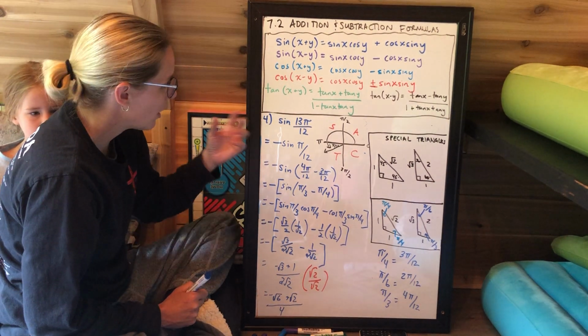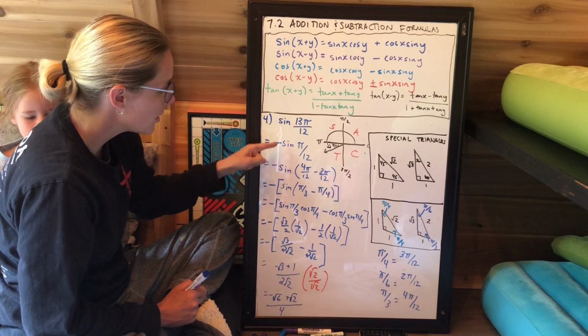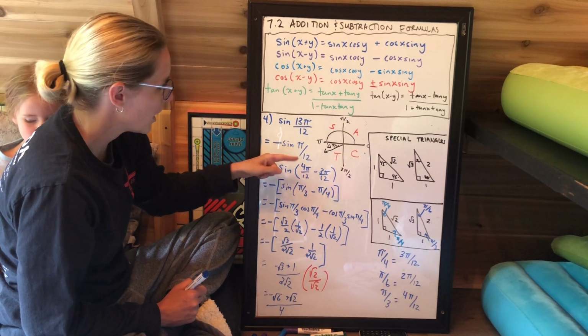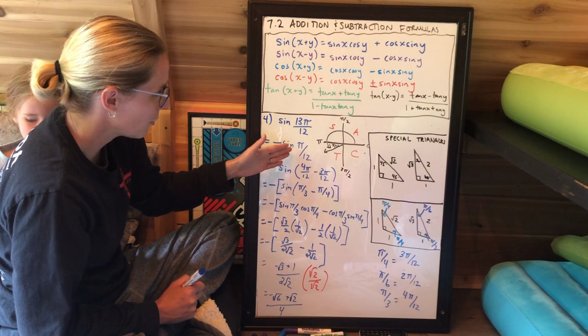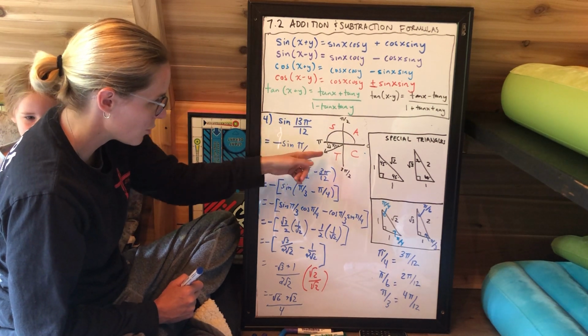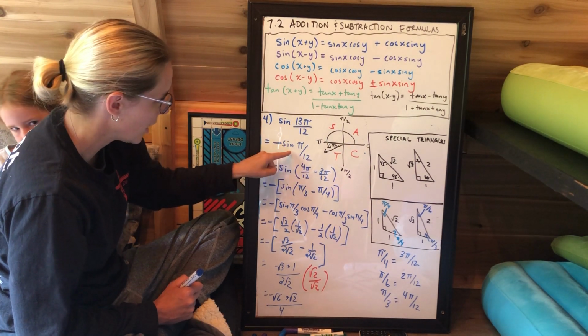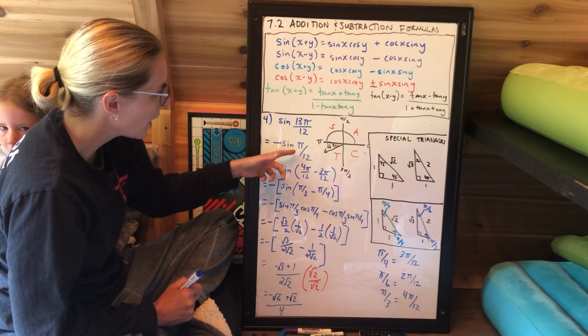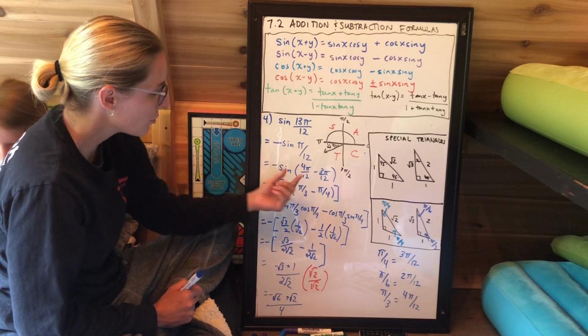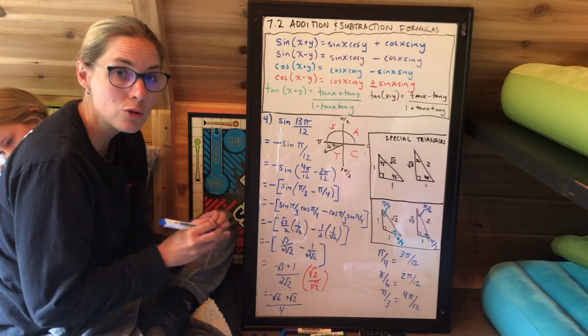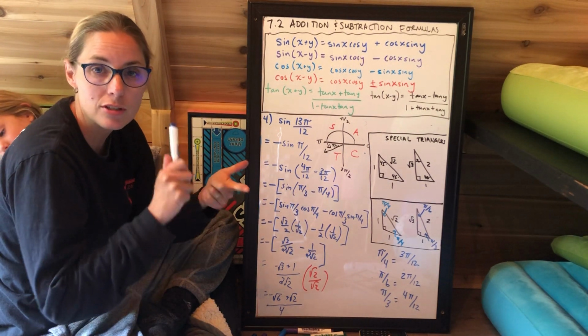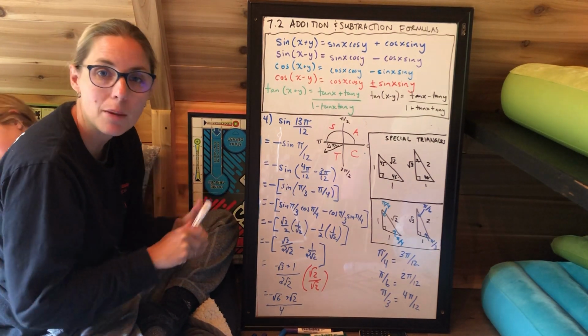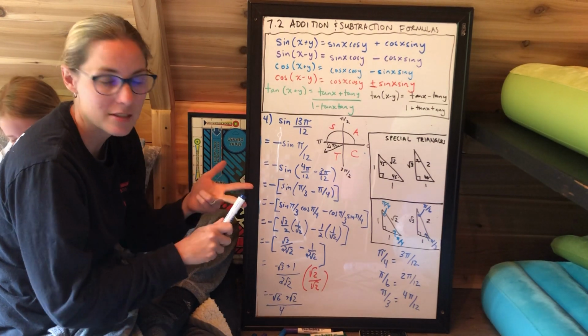Okay? So it's a little tricky, but purposefully embedded in the note is a question that makes you think a little bit. You have to think about first, what is the related acute angle? If you have an obtuse angle like this, you have to put it back into an acute angle. Then you have to think, how can I make this angle through an addition or a subtraction using only 45 degrees, 30 degrees, 60 degrees, pi by 4, pi by 3, pi by 6.